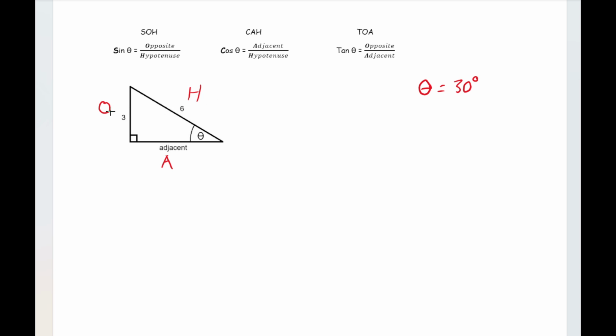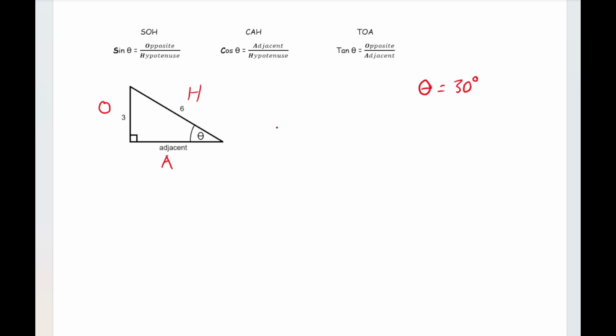Since we already know our opposite and our hypotenuse side, you can choose whichever one you want. It doesn't matter. It just determines which equation you use. If I wanted to use the hypotenuse side, we'll use our H. So using the equation that has an A and H, that looks like it's going to be our CAH equation.